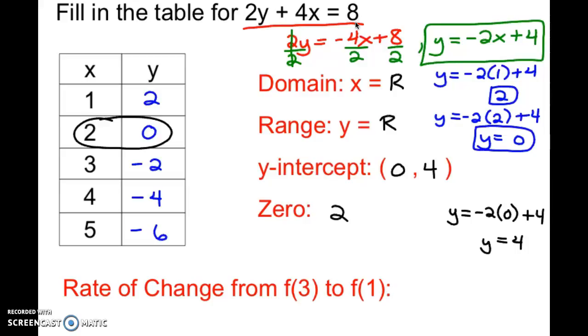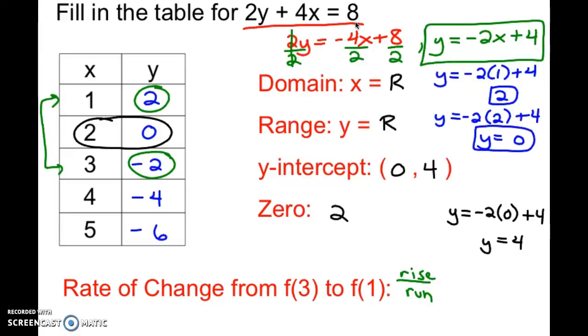And again, I'm going to look at my rate of change from 3 to 1. So if you look up here, so rise over run, let's find that, rise over run. Okay, so I'm looking at these 2 points, so your y value from 3 to 1 changes by 4.